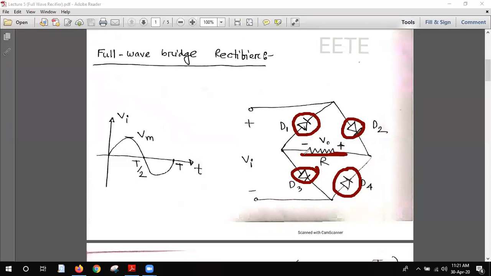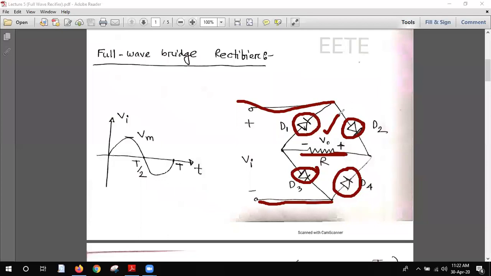Probably you have heard that term, bridge configuration. So there are 4 diodes, and in between there will be a load resistor. Across the diodes, we will give the input VI, and across the resistor will be the output VO.